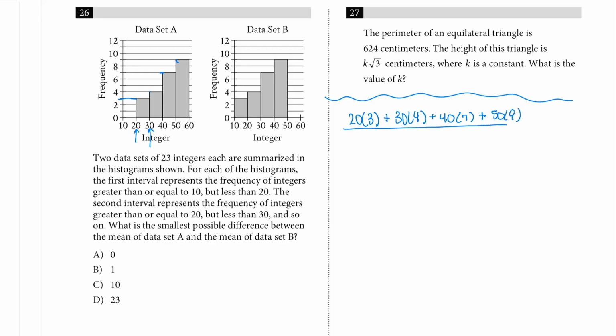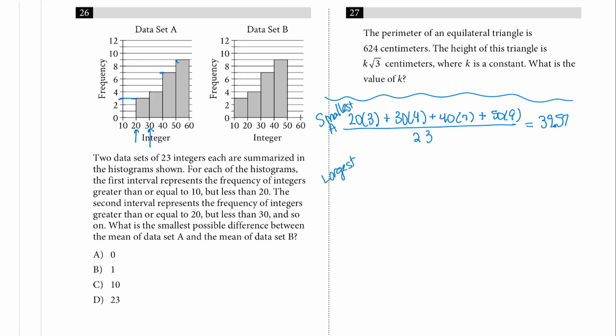And that's going to be divided by 23. When we plug that into Desmos, we're going to get 39.57. Okay, this is going to be the smallest for data set A.